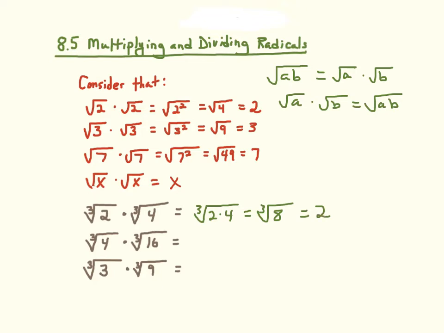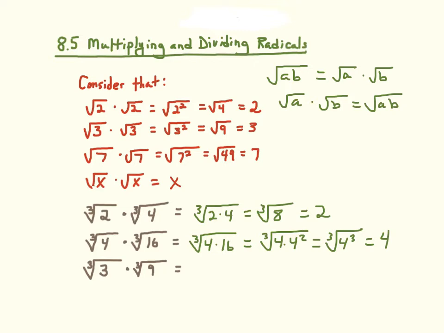Similarly, if I have the cube root of 4 times the cube root of 16, that would equal the cube root of 4 times 16, which equals the cube root of, instead of multiplying that out, it's 64. I could just say, well, that's 4 times 4 squared, which is equal to the cube root of 4 cubed, which is equal to 4.